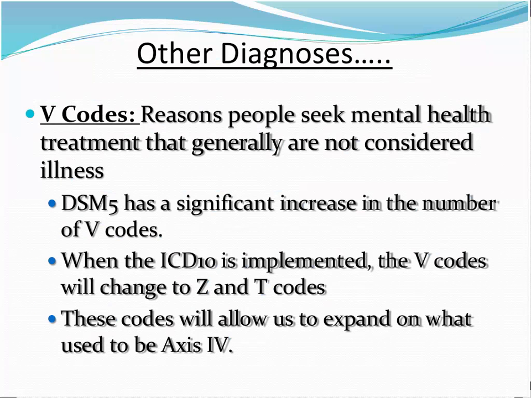So the other diagnoses, we've talked a little bit about the V codes. People seek mental health treatment for many reasons that are not considered an illness. And the DSM-5 has significantly increased the number of V codes.